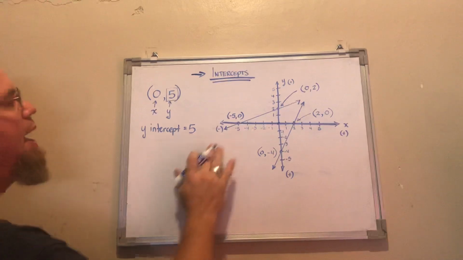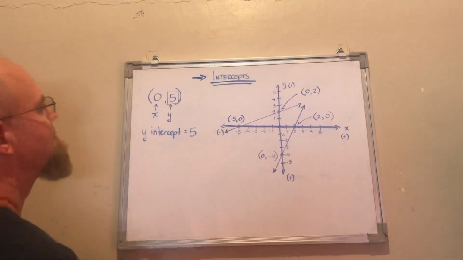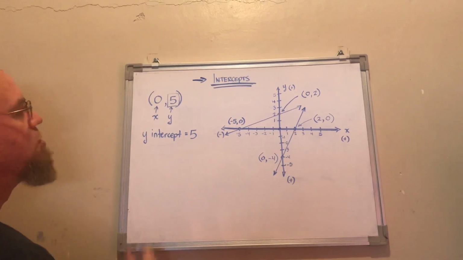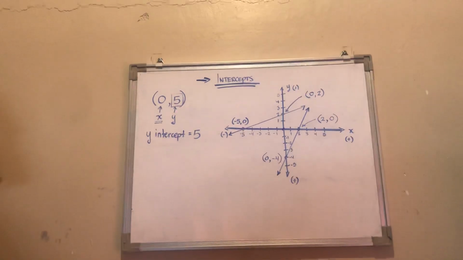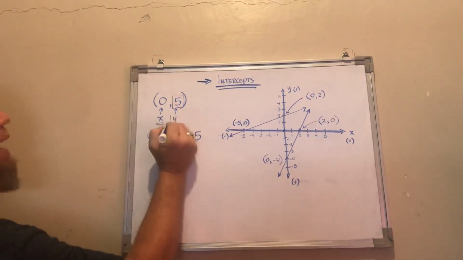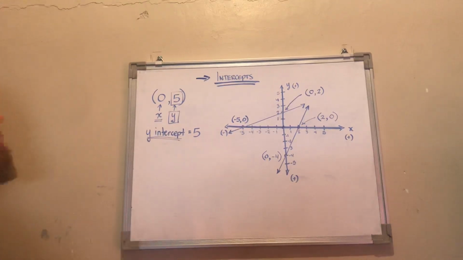That is where that line is going to intercept the y-axis. So whenever you have x equal to 0, then you know the y value will be the y-intercept.